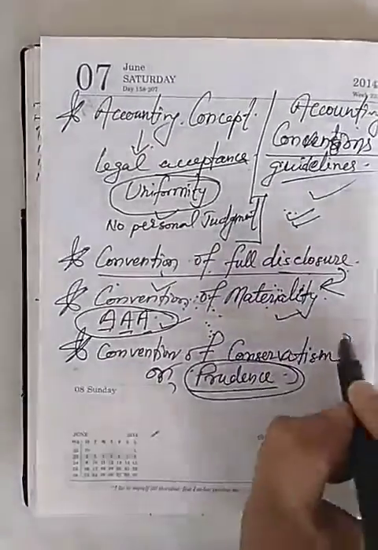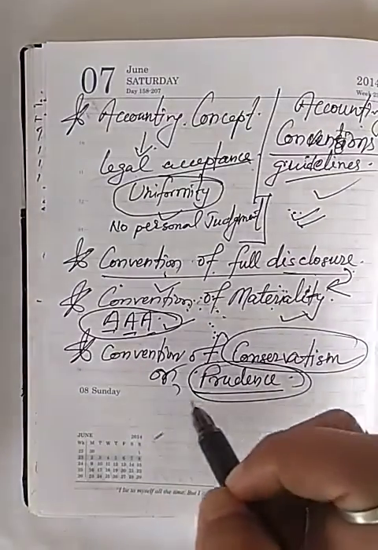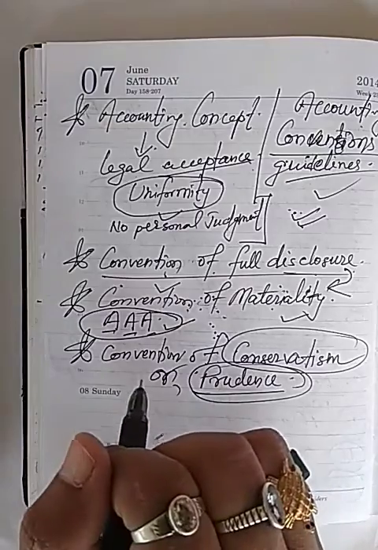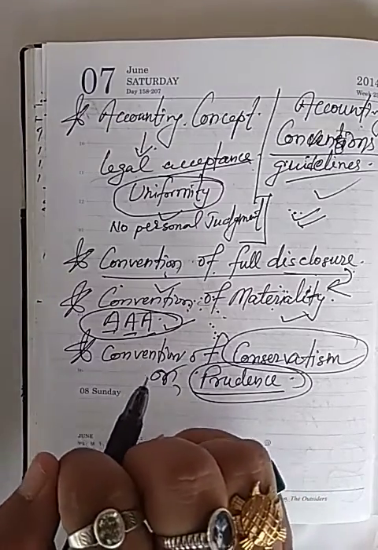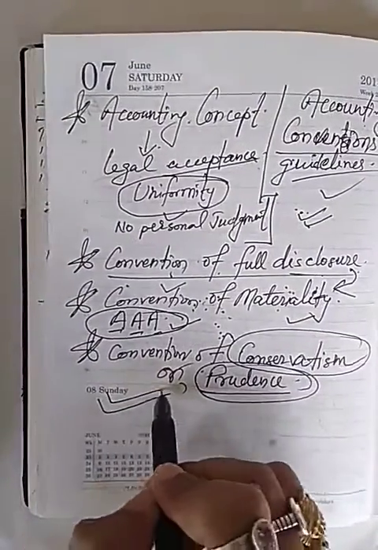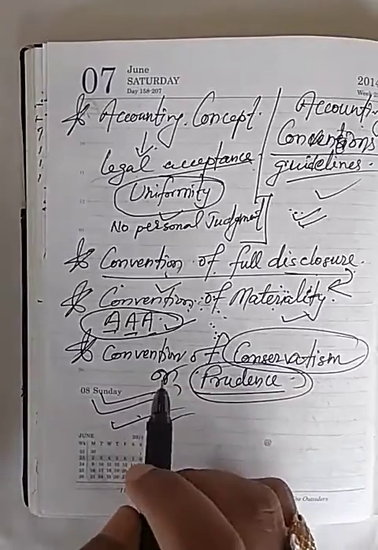Prudence concept or prudence convention and conservatism convention both are names of one principle, and this is the last principle of the accounting principles.